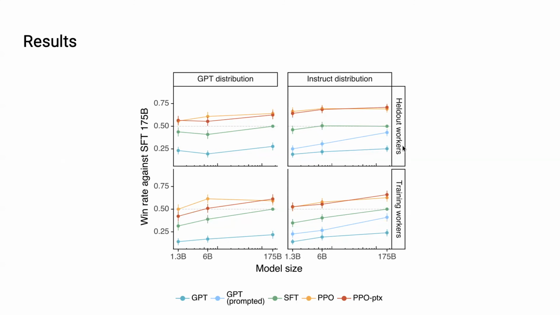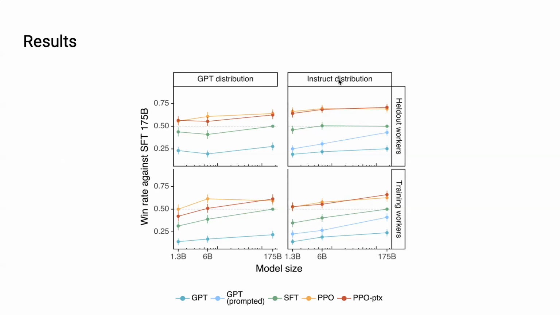So the workers are different labelers, because they want to make sure that the model is not overfit to specific labelers, and that what it shows can generalize to general human preference. That's why they also report the performance for the held-out workers there.